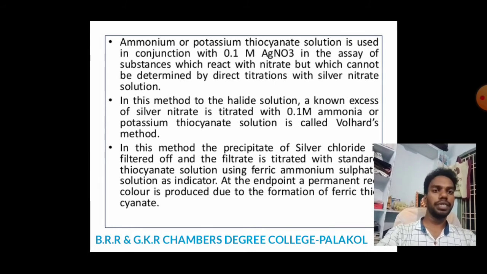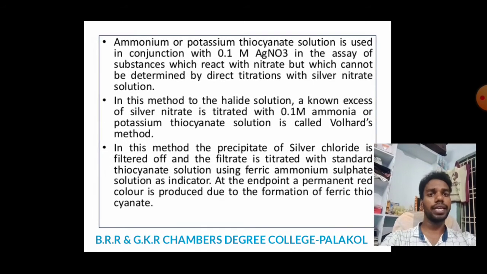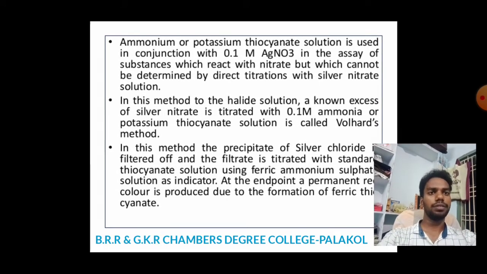You take the filtrate and ferric ammonium sulfate in the conical flask and titrate this mixture with potassium thiocyanate from the burette. At the end point, a permanent red color is produced due to the formation of ferric thiocyanate.